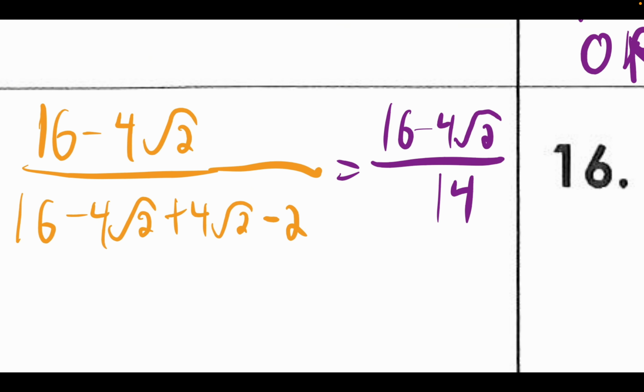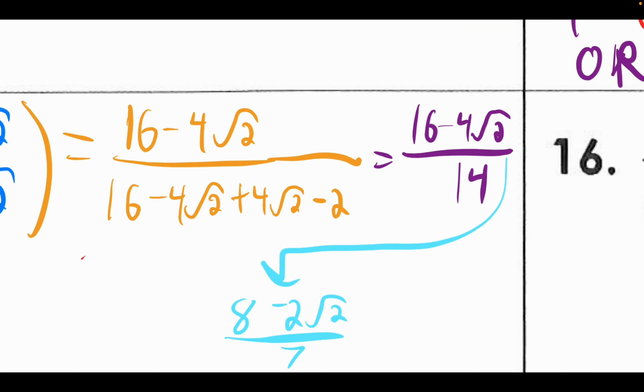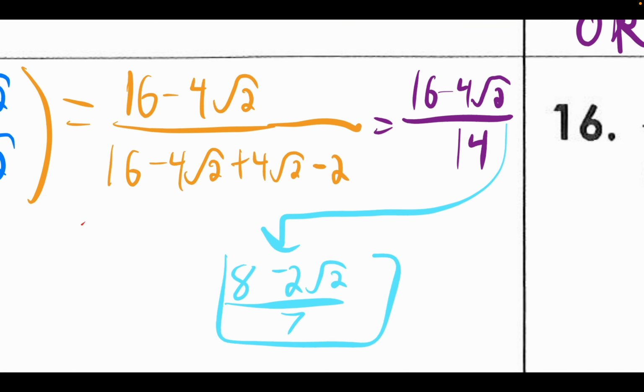Now, at this step, we need to check, can we simplify each of these regular numbers by the same number? And the answer is yes, we can. They all can simplify or reduce by 2. So we get 8 minus 2 square root 2 all over 7. And that'd be our answer.